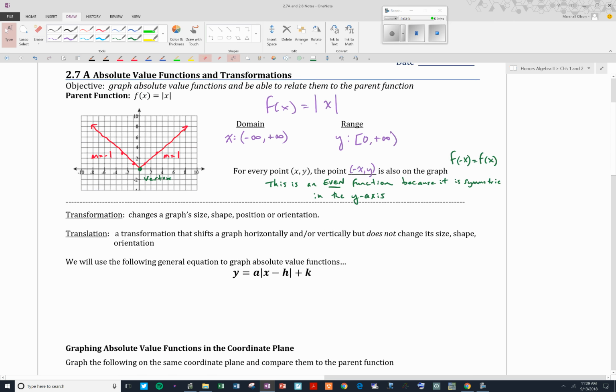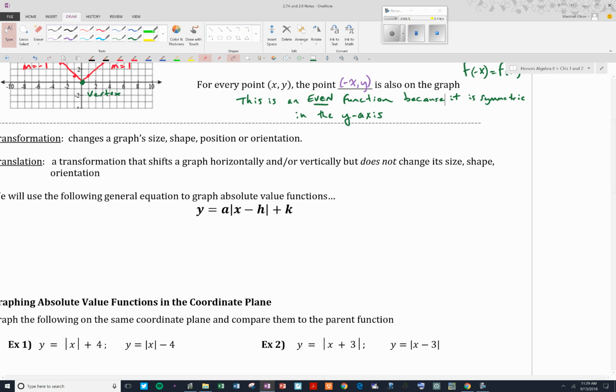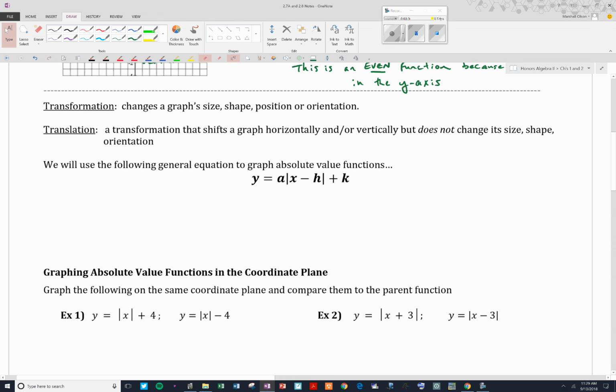All right, so let's talk a little bit about what happens when we add some other values into that equation. Instead of just having the absolute value of x, we're also going to have this a value here, which is going to be a vertical stretch, and we're going to have the h and k values as well.